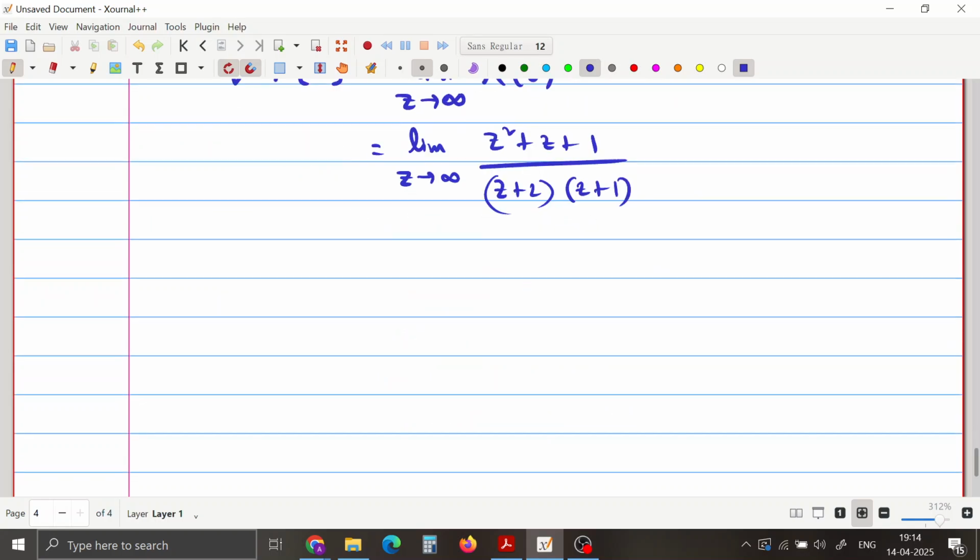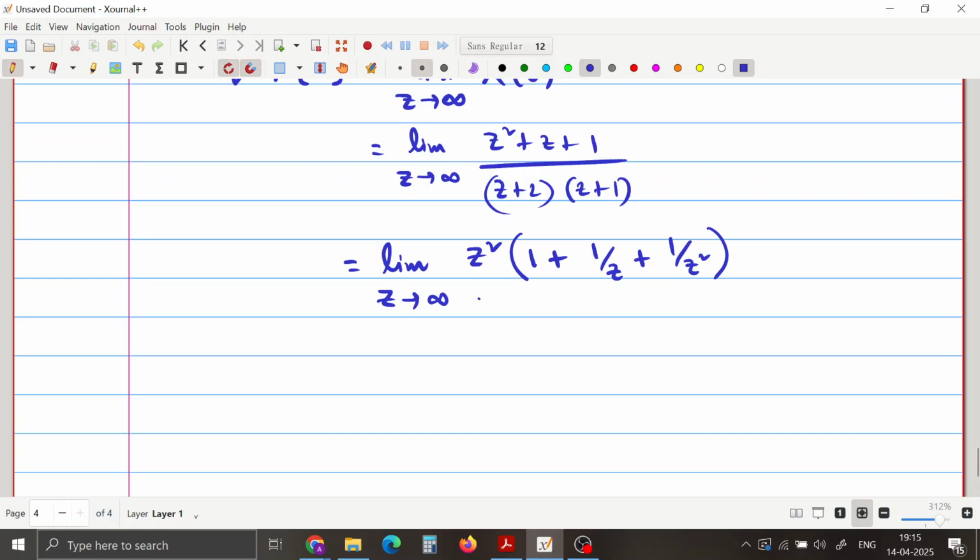Now I can actually cancel out certain common factors from the numerator and denominator. I can cancel out z square from the numerator and denominator. So if I take common z square from the numerator, then in the numerator I'll be left with 1 plus 1 by z plus 1 by z square.